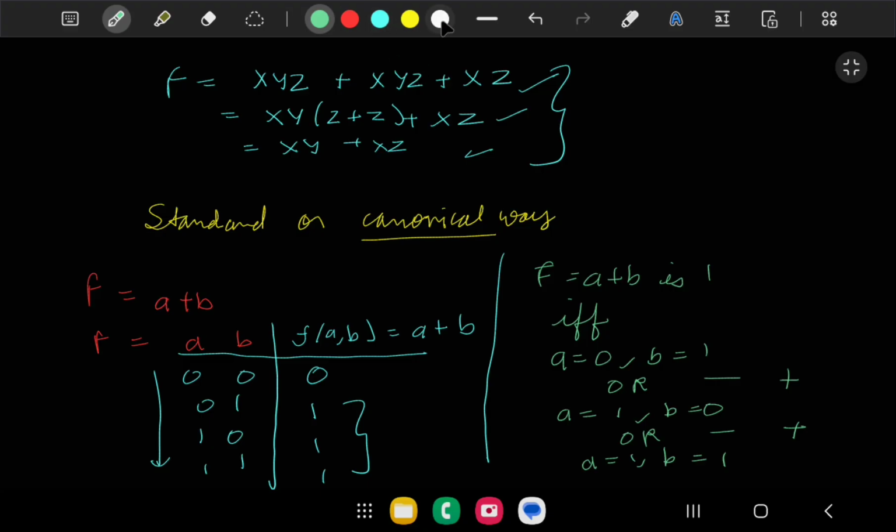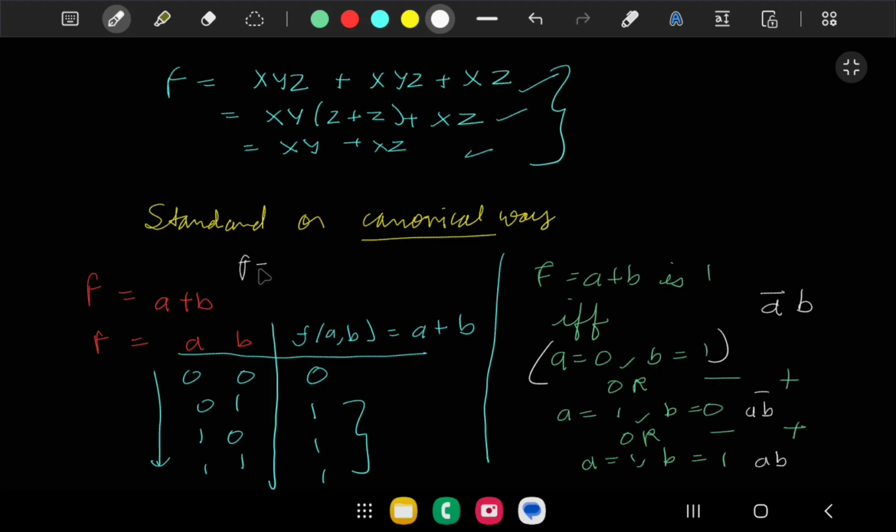How to write this? How we write this? Means a bar b, right? a1 b0, a b bar. Here a also 1, b also 1, a b, right?